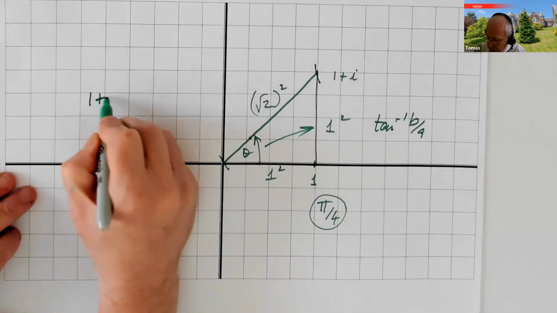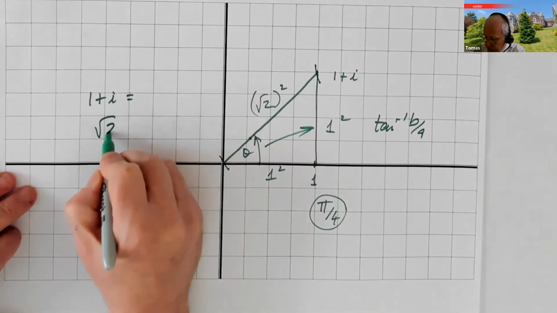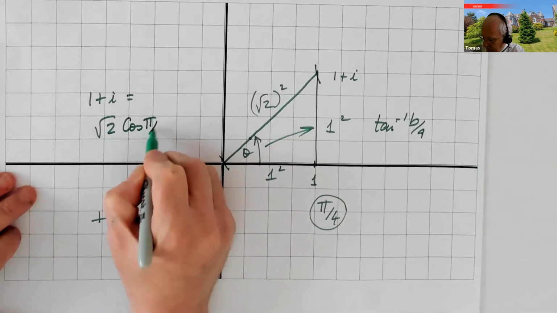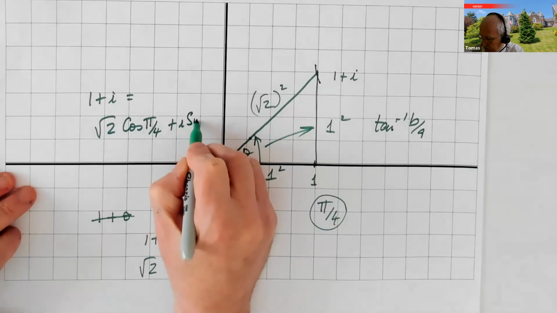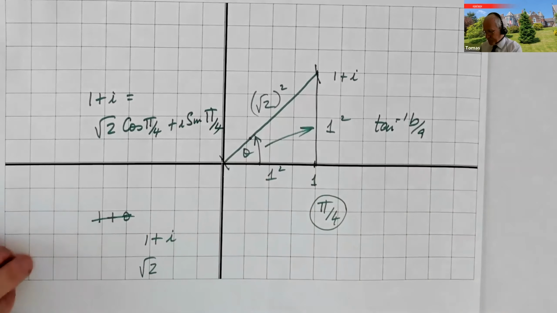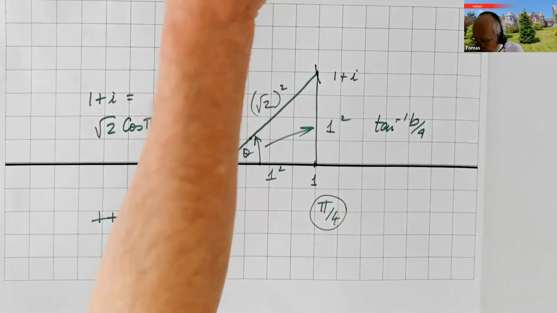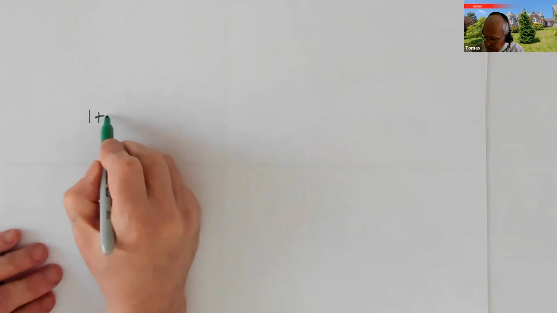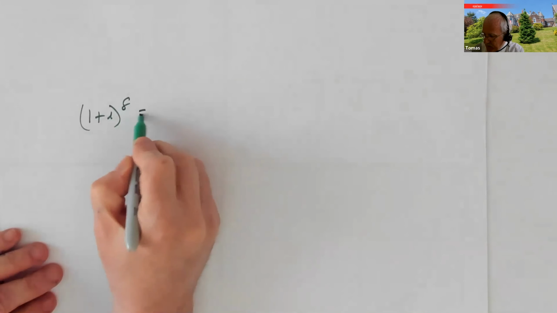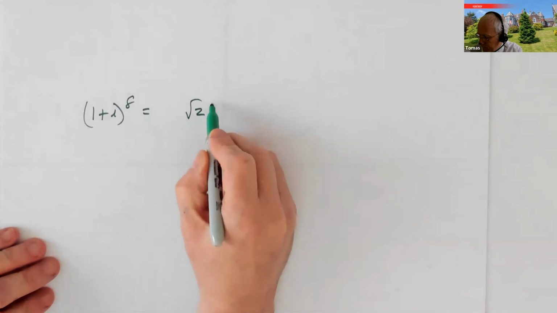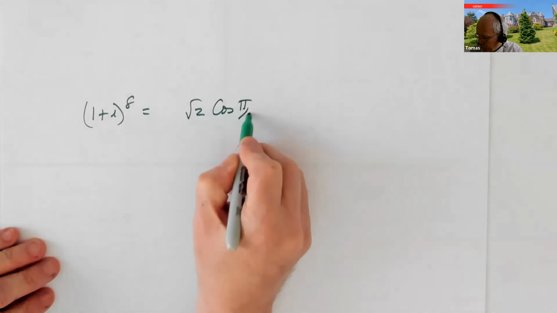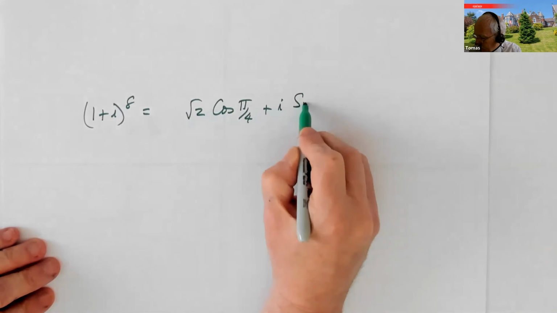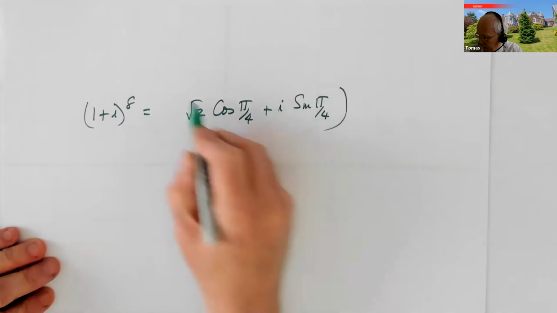So 1 plus i is really the square root of 2 cos pi over 4 plus i sine pi over 4. How do you find the 8th power of that? 1 plus i to the power of 8 is root 2 cos pi over 4 plus i sine pi over 4 to the power of 8.